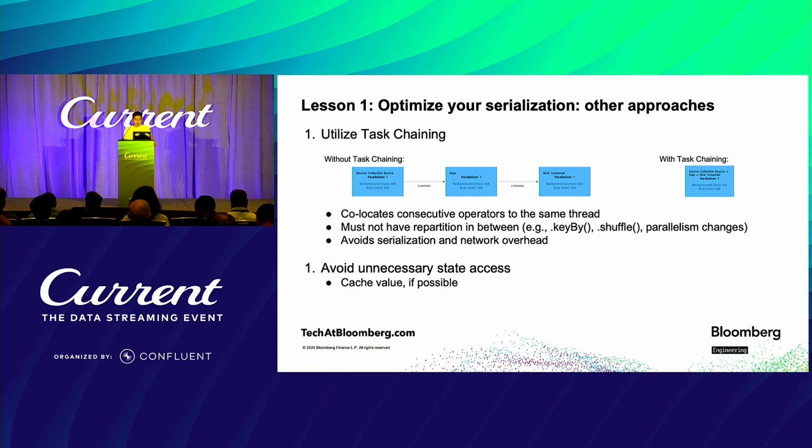And if you're accessing your RocksDB, you can also potentially have a disk access by doing so. So what we want to do here is to cache our state value as much as possible, and try to avoid unnecessary state accesses in our application to avoid the unnecessary serializations in between.